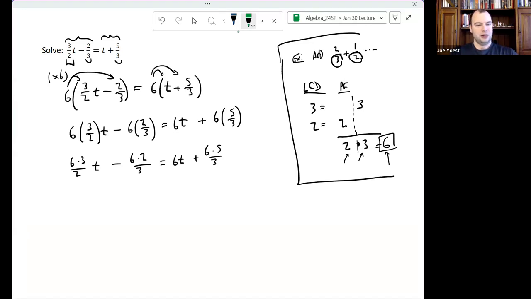So this 2 in the denominator, I know that there's a factor of 2 in the 6 that it can match up with, and then I'm left with a 3. So 6 is 2 times 3. So when I divide out the 2 from the 6, I'm left with 3. When I divide out this 3 from the 6, I'm left with 2. And again, when I divide out this 3 from this 6, I'm left with 2.